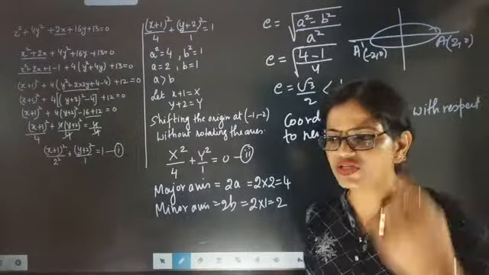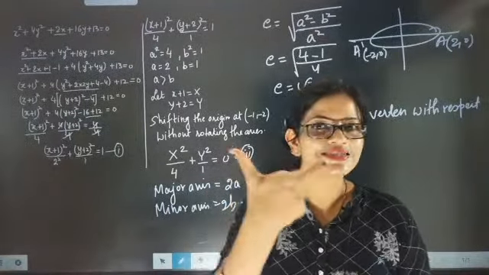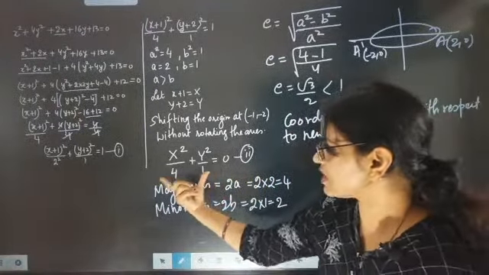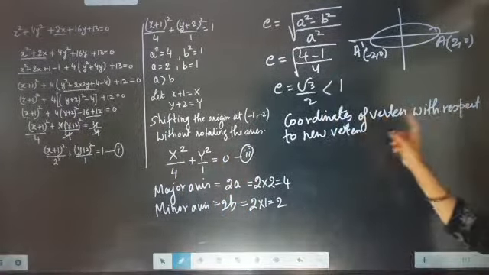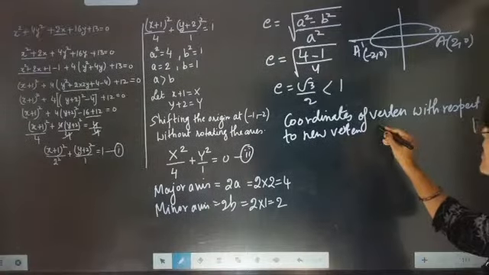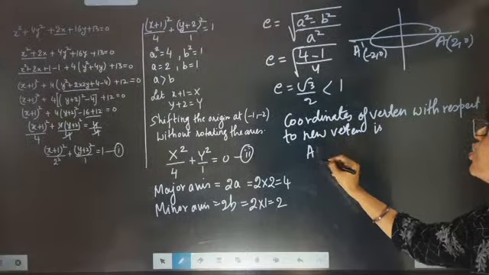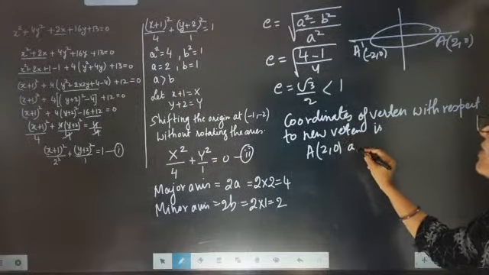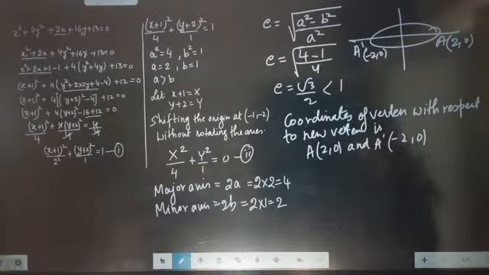Beta, how we have studied the eccentricity for the standard case, that standard case is coming here. So directly we will take that point. So coordinate of the vertex with respect to new vertex is exactly coming as 2 comma 0 and A dash, that is minus 2 comma 0.